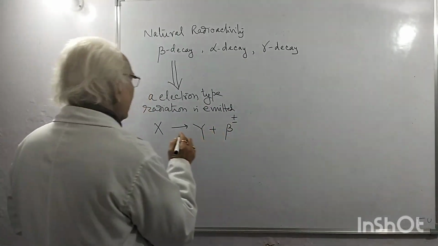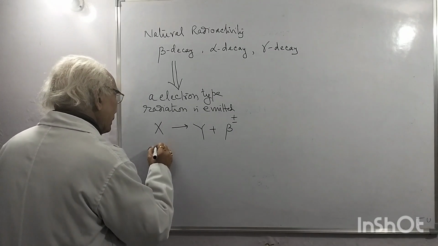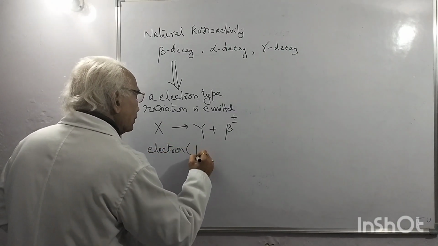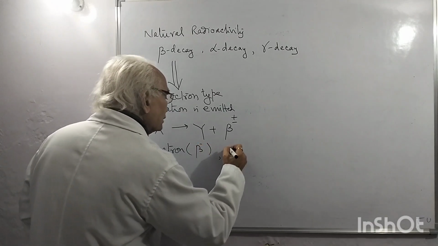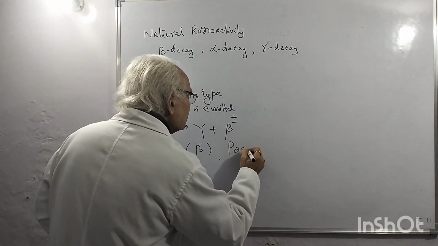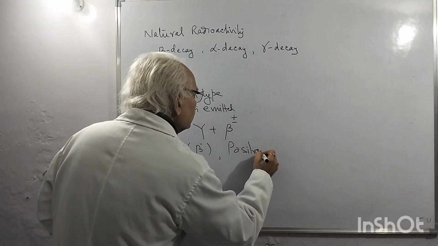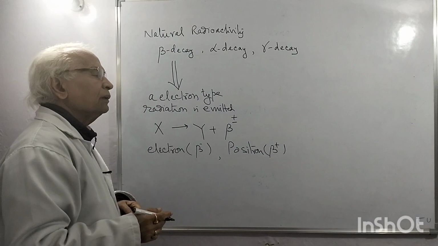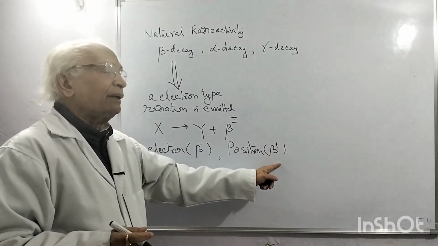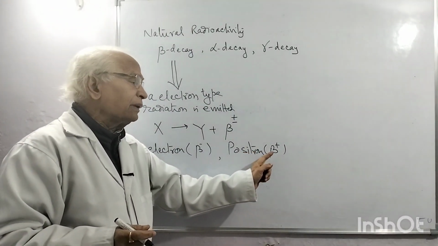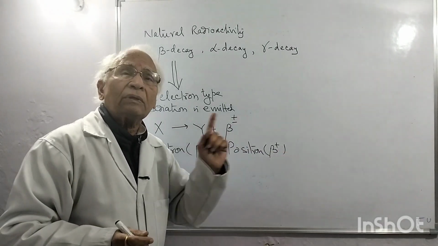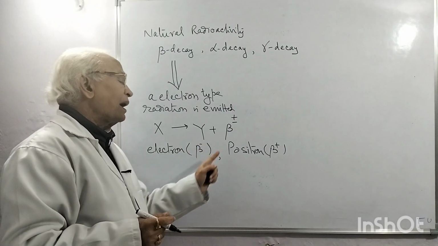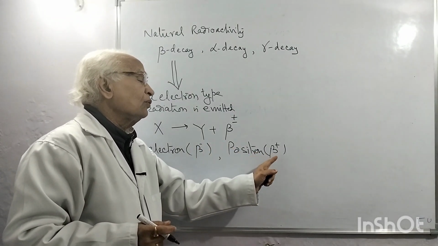One is electron type, which is called electron, the negative beta, and the other is called positron, which is positive beta. Means it is also a beta particle, but its charge is positive, 1 unit. Electron has got 1 unit negative charge, positron has got 1 unit positive charge.